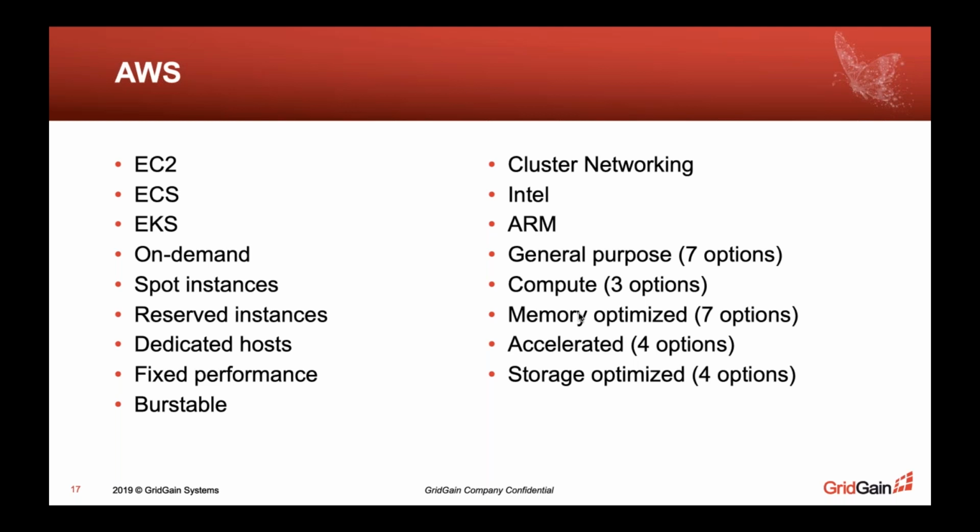There are different ways that we reserve our instances. They can be on-demand instances, spot instances, or dedicated. There are many different shapes and sizes. There are different underlying chipsets that we can choose from, Intel or ARM. There are many different ways that we can configure networking and firewalls and security between our instances.